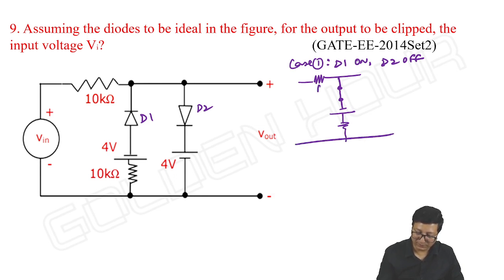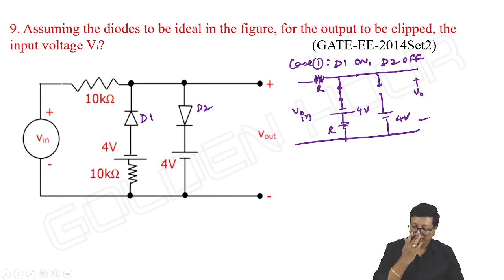The equal resistors anyway 10k they give, doesn't matter. 4 volts. If this is the case, what is the output equation?